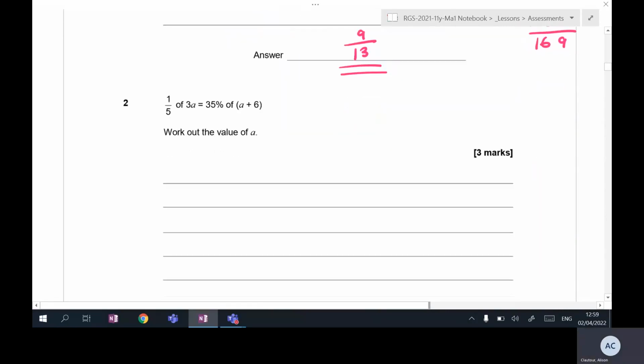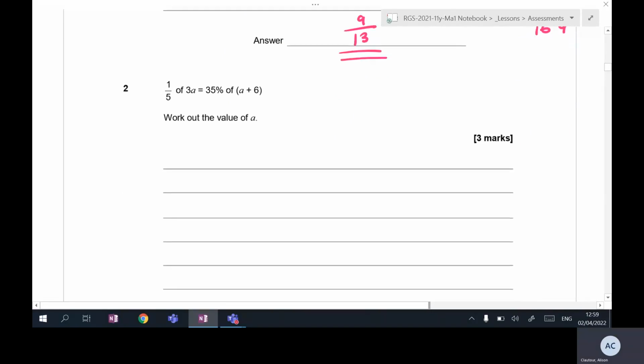For question 2, they're giving you a mathematical statement, and obviously we need to turn that into an equation. So a fifth of 3a, remember of means multiply, so a fifth times 3a is 35%, so I'm going to put that as a decimal, 0.35, and again of means times, of a plus 6.